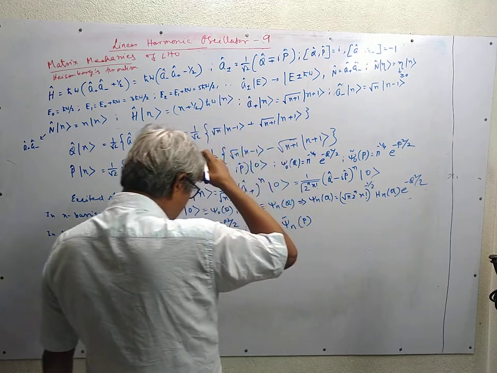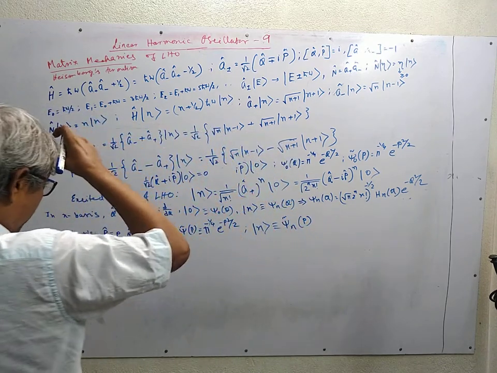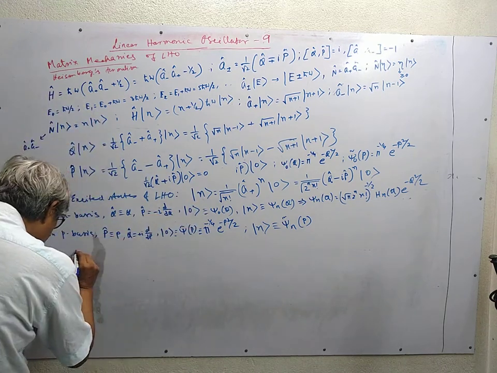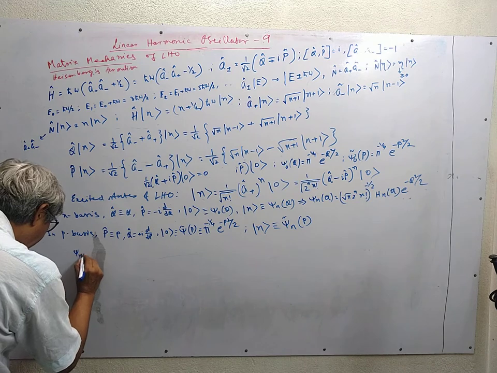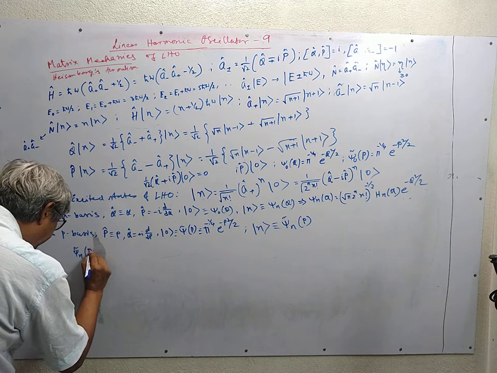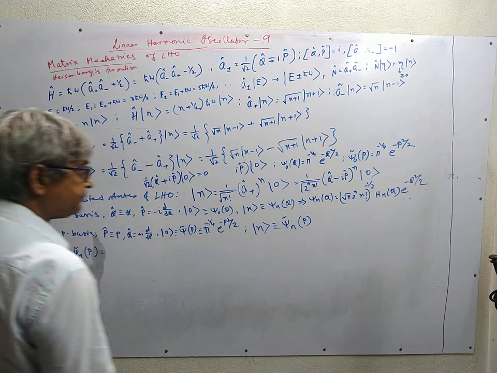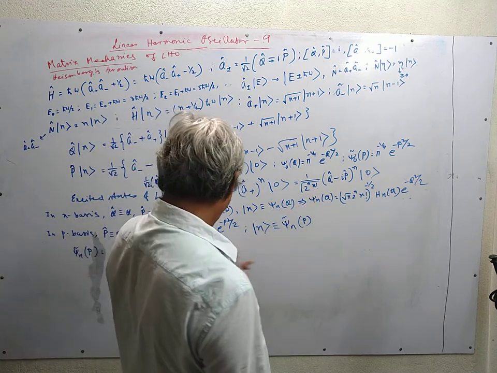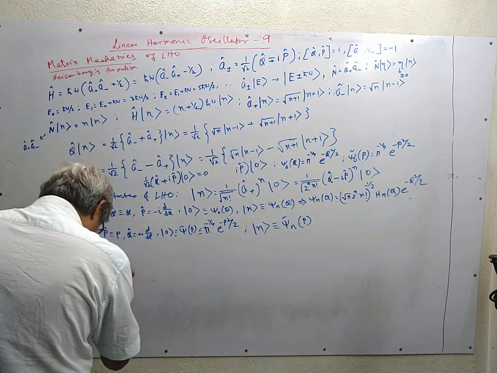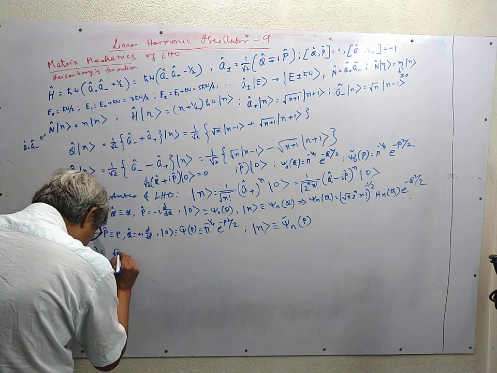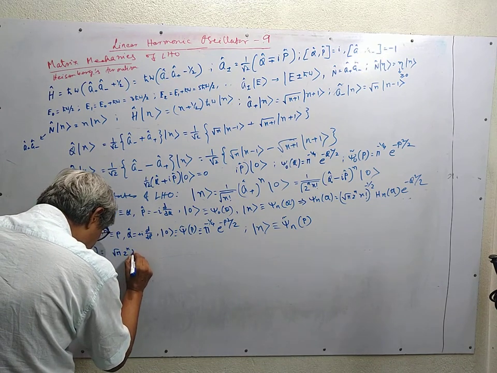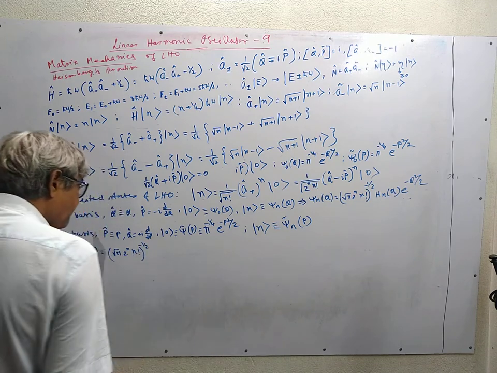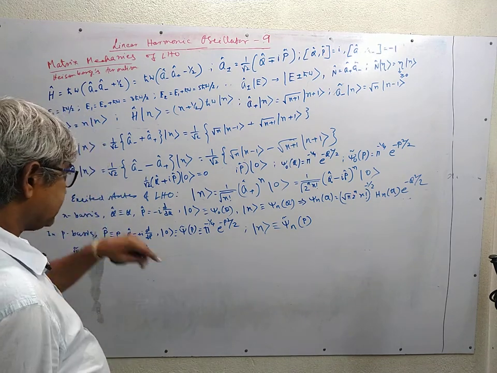Now coming to this definition, psi n tilde of p is equal to, consider this factor, and this comes from the q minus ip.